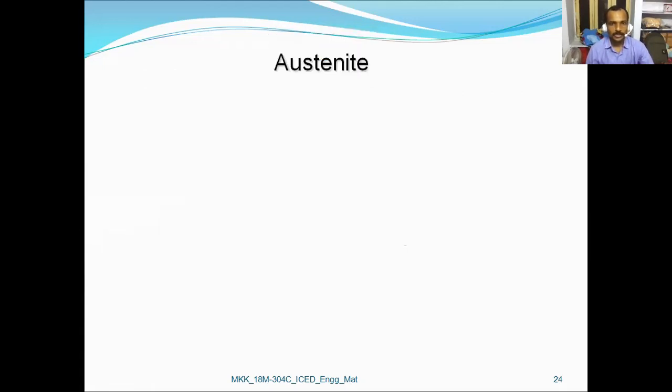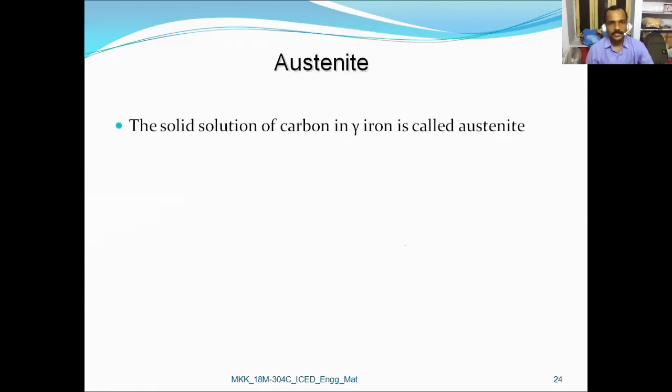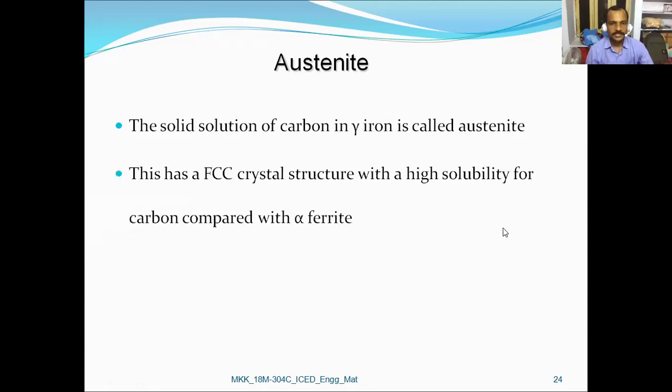Now let us move to austenite. The solid solution of carbon in gamma iron is known as austenite. It has an FCC, face-centered cubic, crystal structure with a high solubility for carbon compared with alpha ferrite.